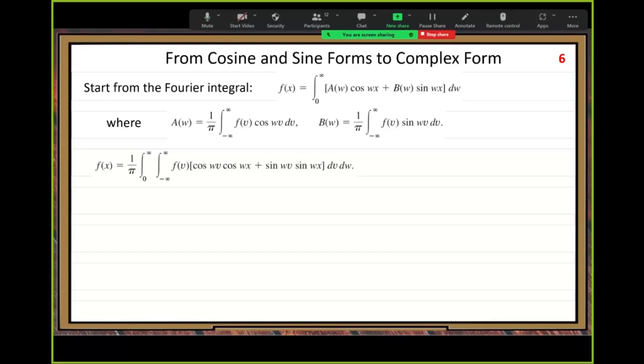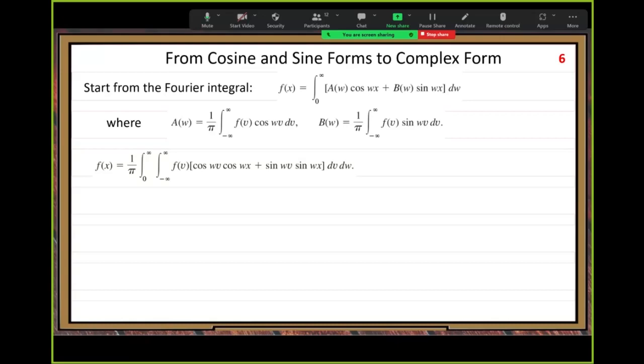But the expression inside those brackets, we know it's a formula, right? The cosine formula for the sum of angles, or here, probably the difference of angles.